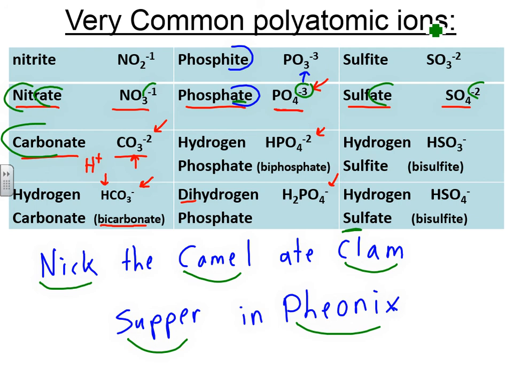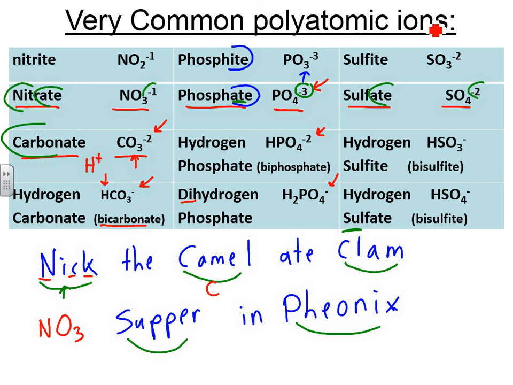Now, the way this helps you memorize these polyatomic ions is you take a look at the word Nick, and you count how many consonants it has. The consonants, in this case, are 1, 2, 3 consonants. So nitrogen gets 3 oxygens. If you take a look at the camel, this is representing carbon. Let's ask how many consonants we have. We have 1, 2, 3 consonants.